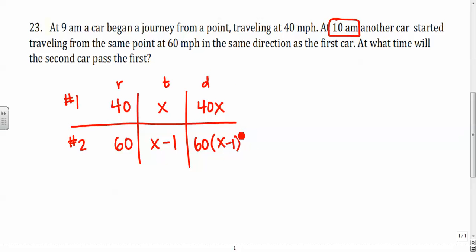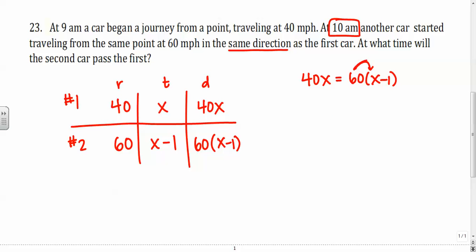Or are these two cars going to be going the same distance or ending up at the same place? It looks like our cars are going in the same direction. And I want to know what time the second car will pass the first, which means they've gone the same distance. So this is an equation where I'm going to put the two distances equal to each other.